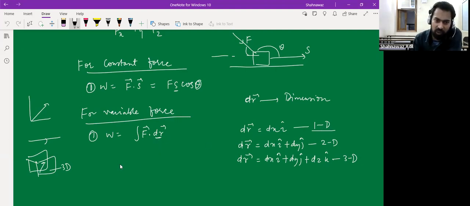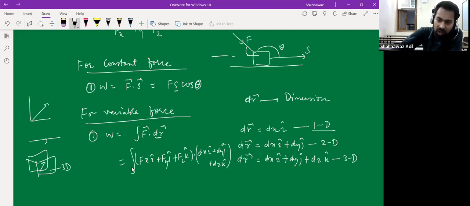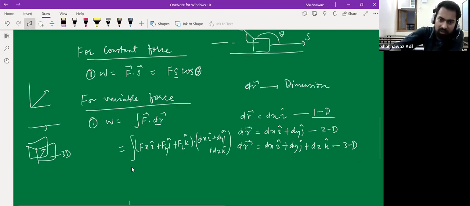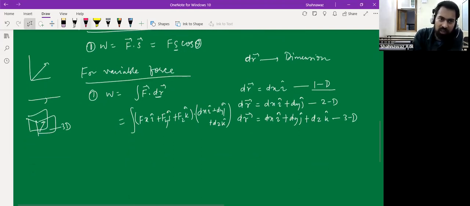In three dimensions, F is Fx i plus Fy j plus Fz k, and then your dr is dx i plus dy j plus dz k. So if you are in a three-dimensional system, then your integral will be what?